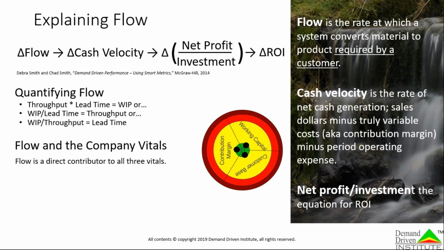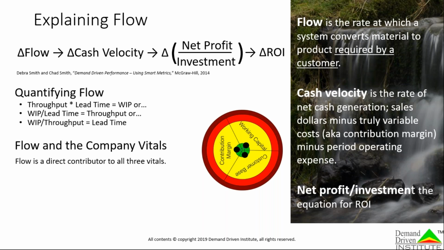Another thing that we can connect directly to flow is what we call our company vitals. Our company vitals are your working capital, which is how much captured money you have, how much available credit and cash you have; your contribution margin, which is your cash generation rate of your entity; and your customer base, which is things like your market share, your order book, and your service and quality reputation.